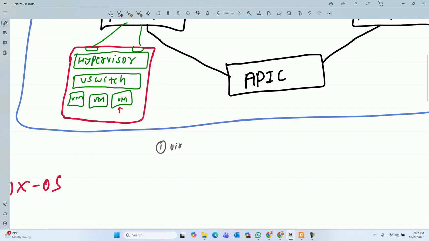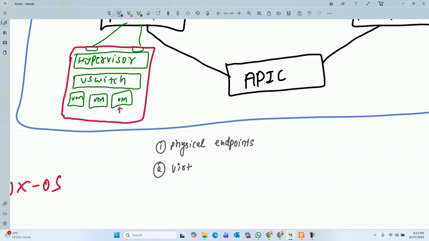We have physical endpoints and we have virtual endpoints. So we can have the physical endpoints and the virtual endpoints here.